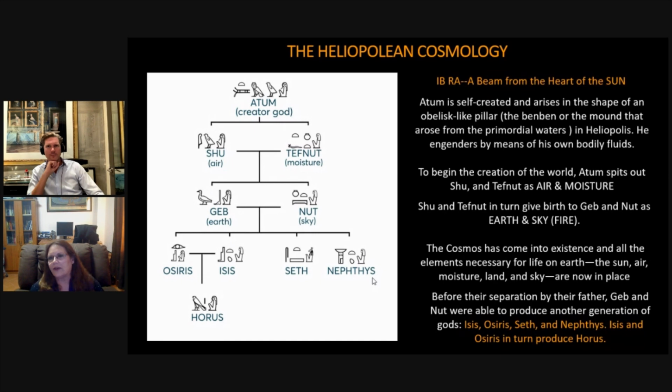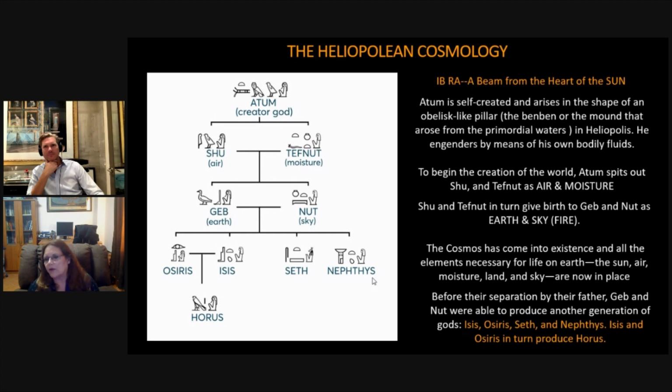He is self-created and arises in the shape of an obelisk-like pillar, the Ben or the mound that arose from the primordial waters in Heliopolis. He engenders by means of his own bodily fluids. To begin the creation of the world, Atum spits out Shu and Tefnut as air and moisture. Shu and Tefnut in turn give birth to Geb and Nut as earth and sky.